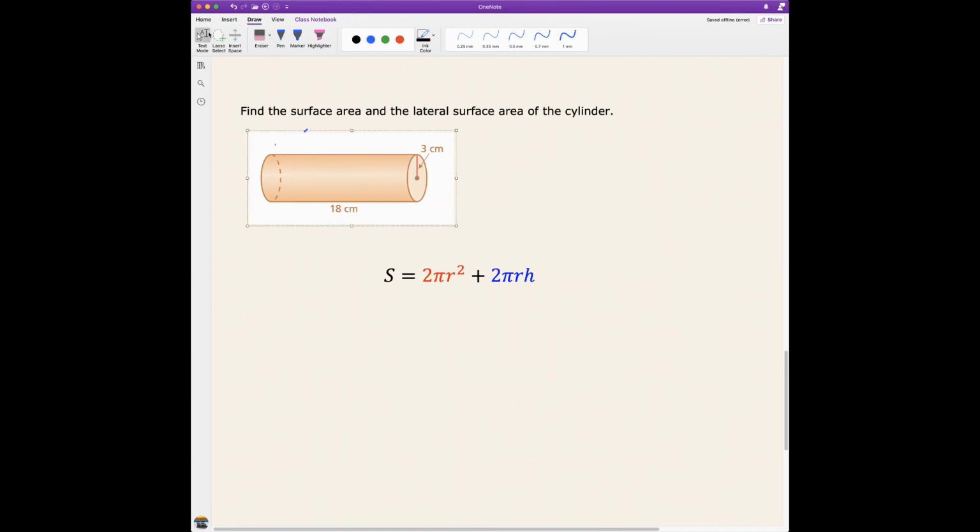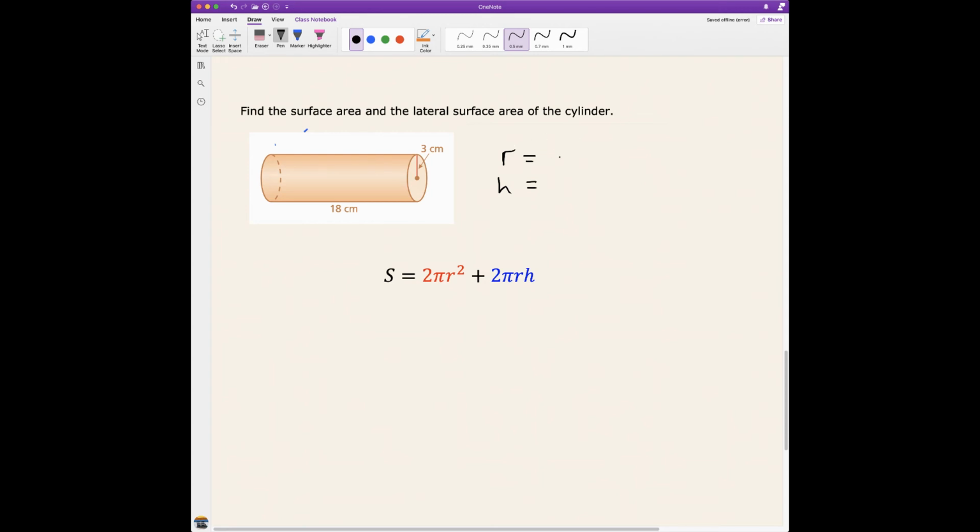There we go. Let's look at the next problem. So again, I have my formula for surface area. I need to identify the radius and the height. So what is the radius and what is the height of this cylinder? Very good.